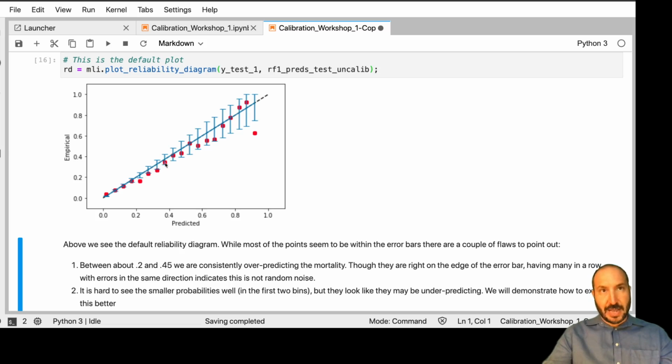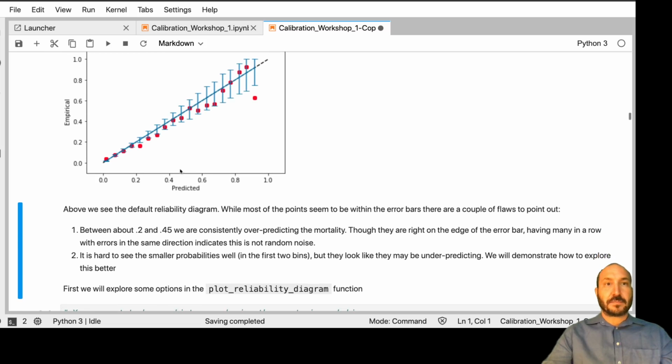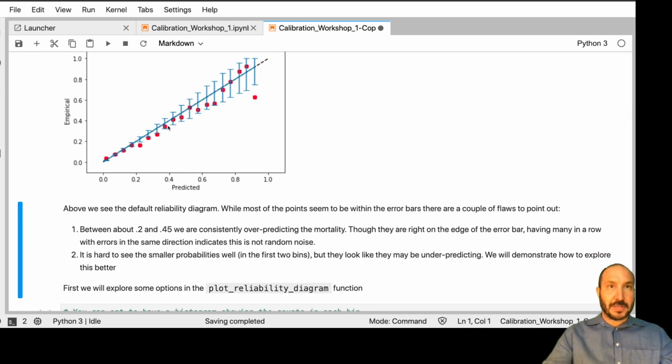So here, the fact that we have these 4 or 5 in a row below the line, and this one's totally out of the confidence interval, and these two are right on the edge, probably means we're over predicting the true probability here. So between about 0.2 and 0.4, 0.45, we're over predicting the mortality. The true probability is less than what we thought it was.